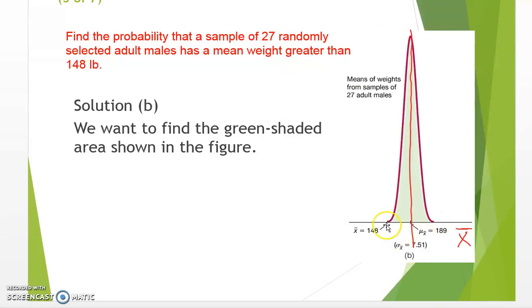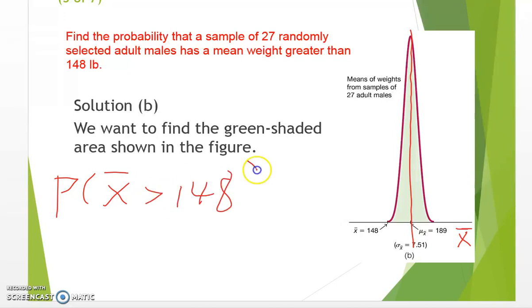And in our question, we're interested in knowing the chance of a sample mean of 27 people's weight being greater than 148. So x bar this time is 148, which is to the left. And we're looking at the probability of a sample mean of 27 people having a weight greater than 148.